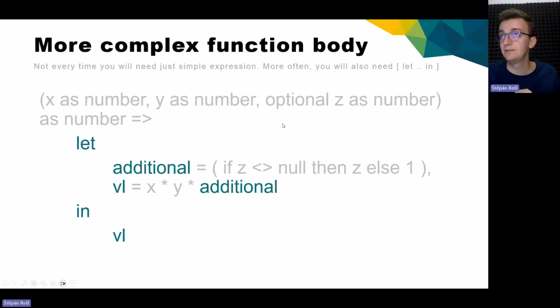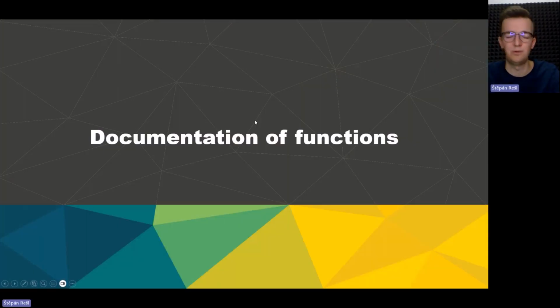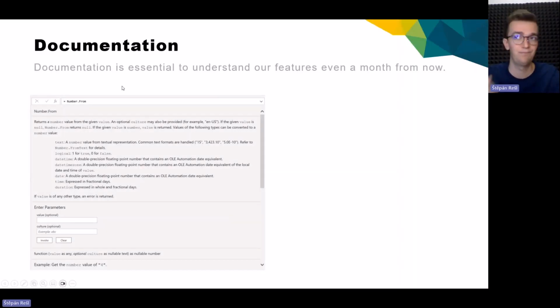So if I return to the presentation for one more, it will be because of the documentation of the functions. And I said that this can be very tricky because lots of custom functions are actually not well documented or even not documented at all. And because of that, I would like to help you with the first ability to find out that every function is documented directly inside the Power Query.